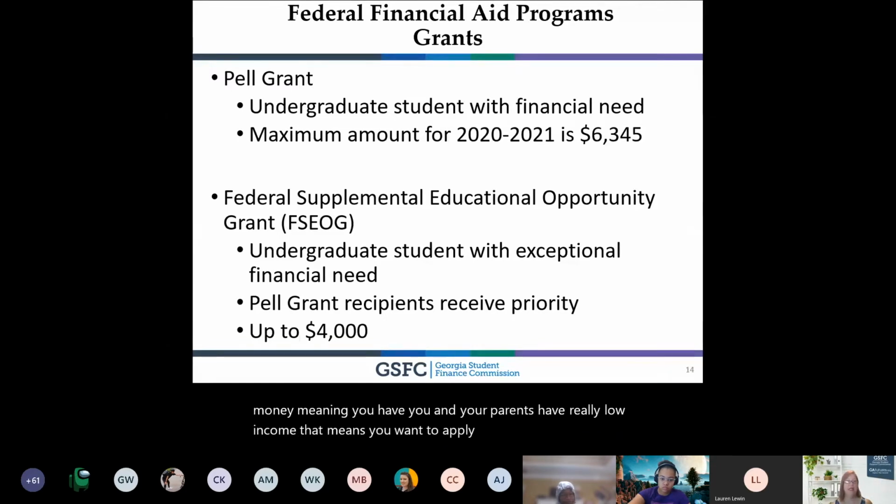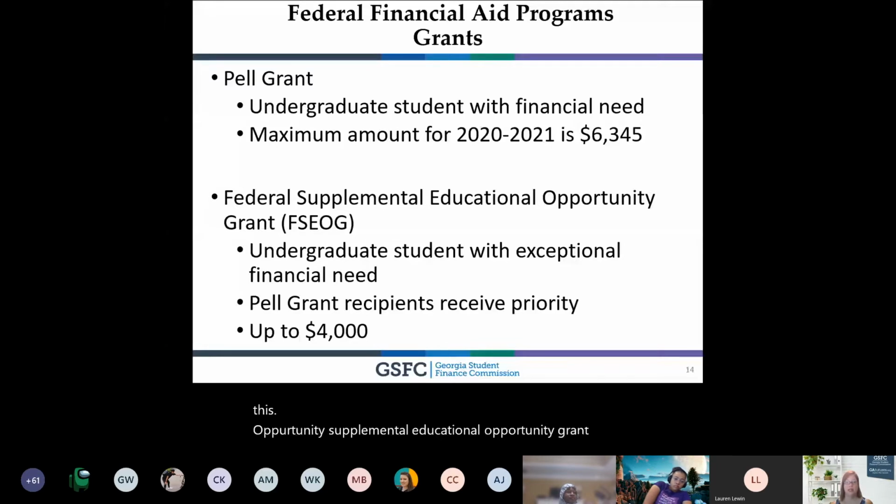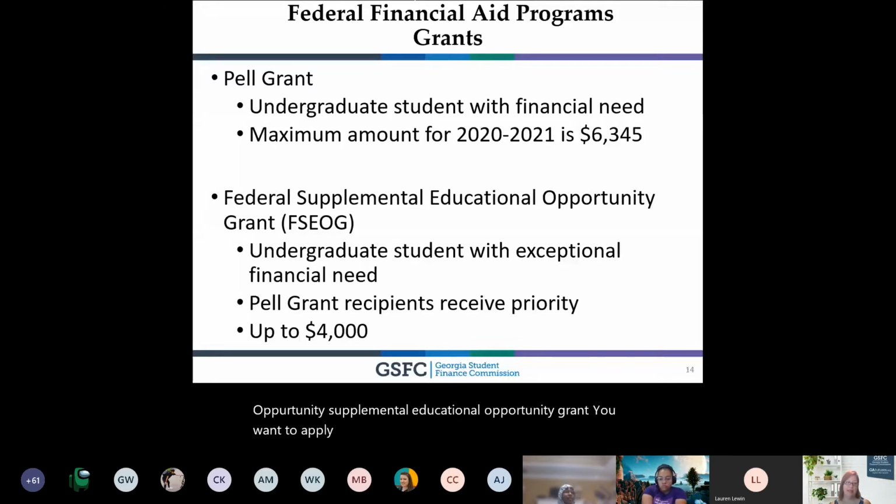The FAFSA opens October 1st for you all who are starting school fall 21. So October 1st, if you feel like you may be eligible for some of this supplemental educational opportunity grant, you want to apply as early as possible to make sure that you get it.